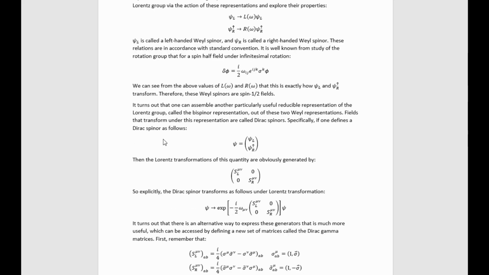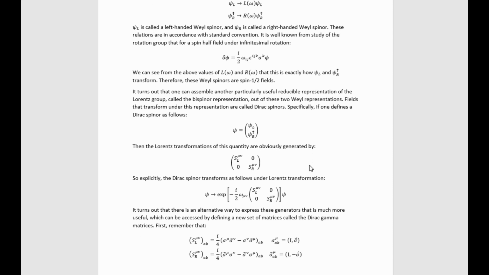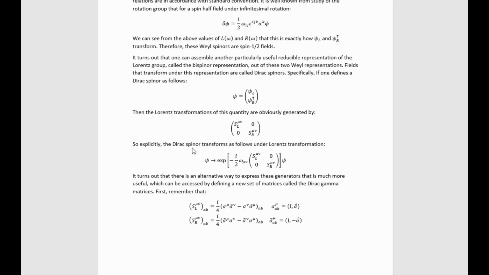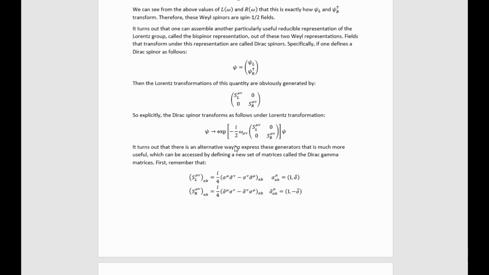Specifically, if one defines a Dirac spinor as follows, out of these left and right-handed Weyl spinors, then the Lorentz transformations of this quantity are obviously generated by this 4x4 matrix here, given the known transformation properties of these two Weyl fields that compose the Dirac field. So explicitly, the Dirac spinor transforms as follows under Lorentz transformation, where we just take this as the generators.